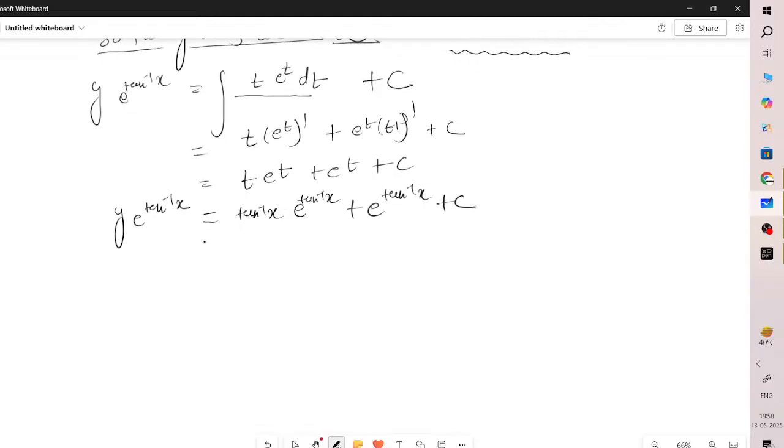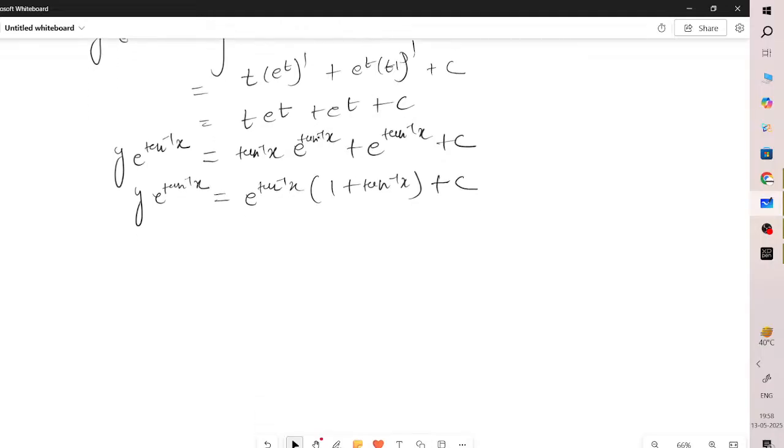Now we can take e to the tan inverse x common here, then we get tan inverse x minus 1 plus c, and this equals y times e to the tan inverse x.